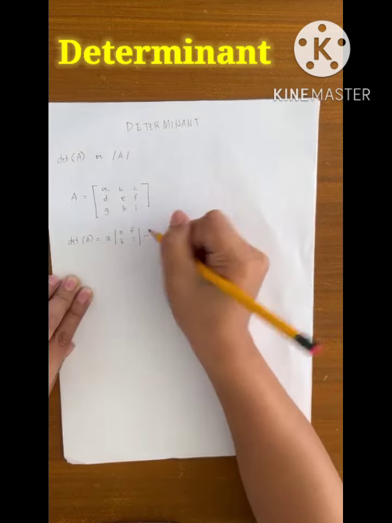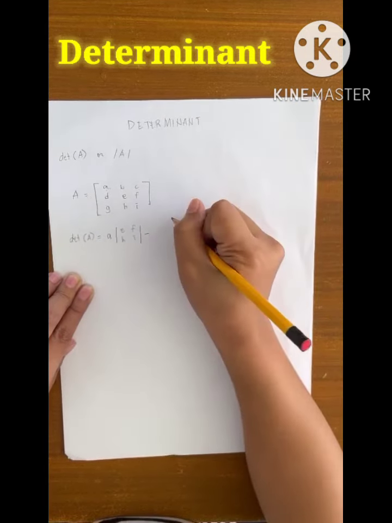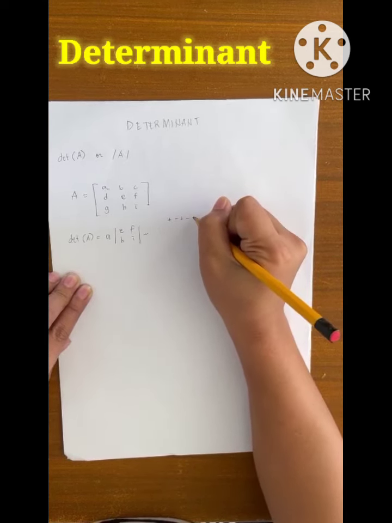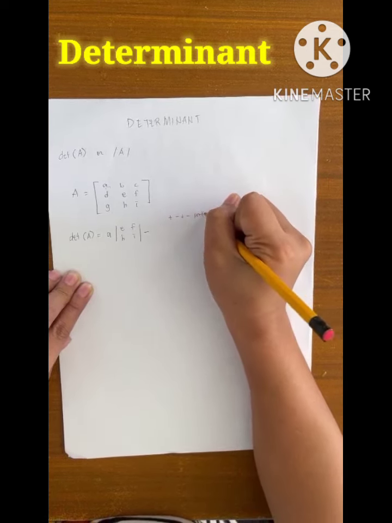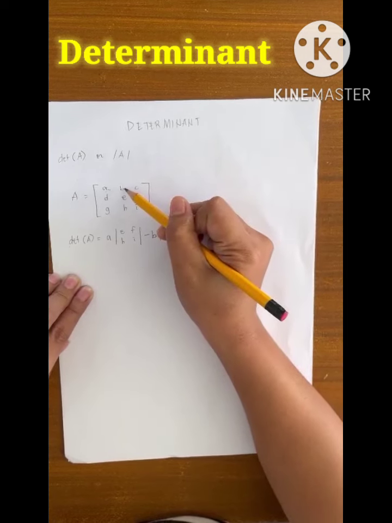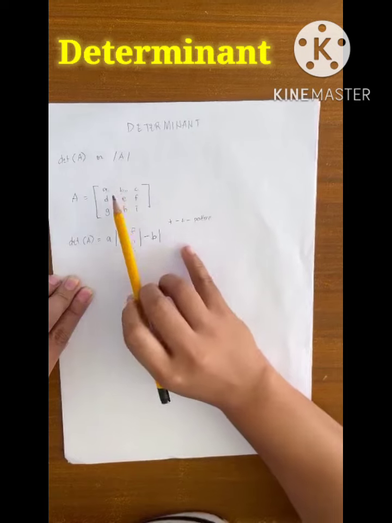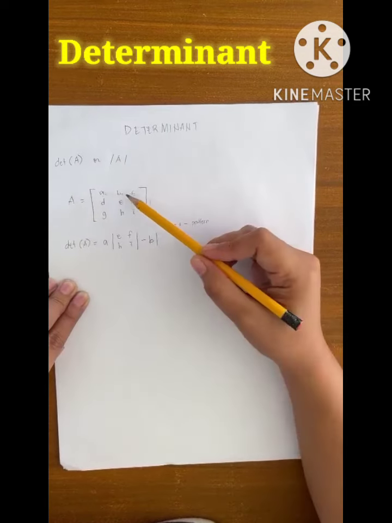Then, minus, we will use minus because we will use the positive, negative pattern. Okay, next is B. B is in row 1 and column 2, so we will cross out row 1 and column 2.